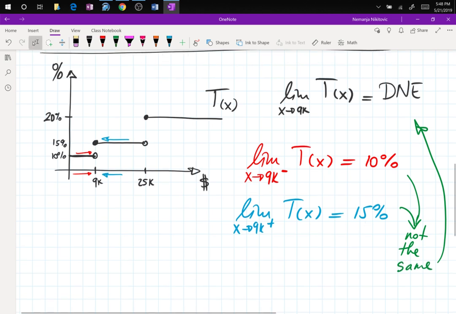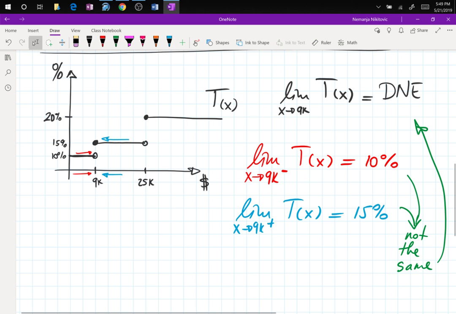So I'll go through this argument one more time. Observe that all of the y values for Juliet, which is red, are all 10%. So if I plug in 5k, it's 10%. If I plug in 7,036, still 10%. If I use 8,099, still 10%. If I go on the blue side, no matter which number I pick between 9k and 25k, it's always going to be 15% on the y value.